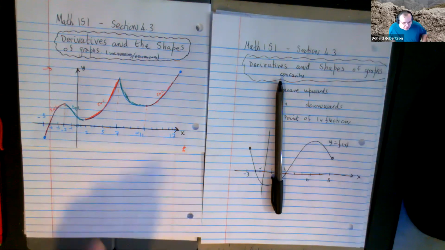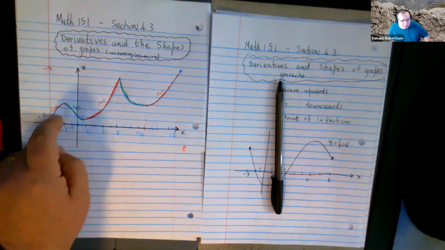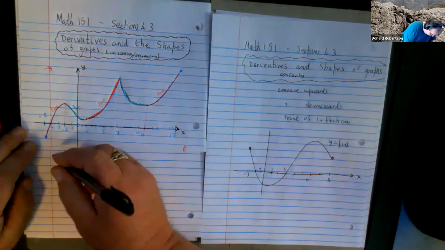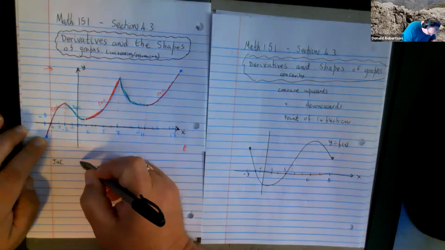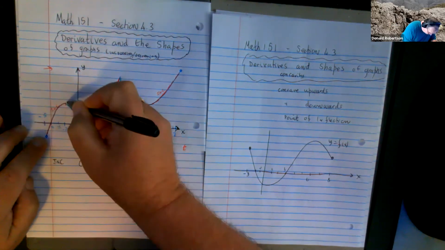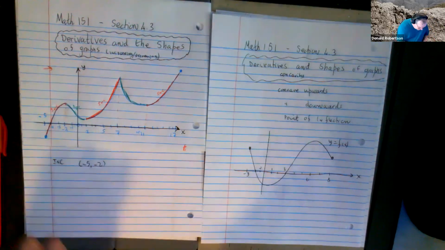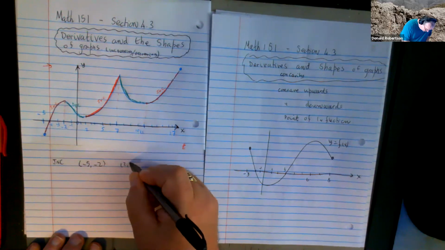A function is increasing if from left to right you're going uphill. So increasing in here. Now in this particular picture, starting at an x coordinate of -5 all the way up to this x coordinate of -2, this function is increasing. Starting at 2 and finishing at 7, it's increasing.